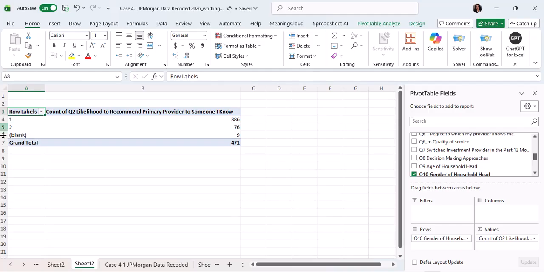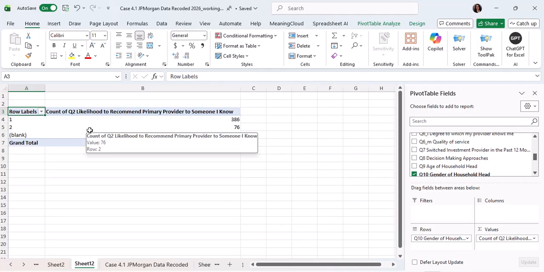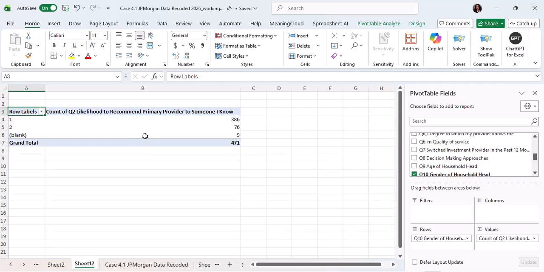Okay, and make sure that this is, again, a sum. If it's a sum, we want to change it to count. Back to count. Okay.